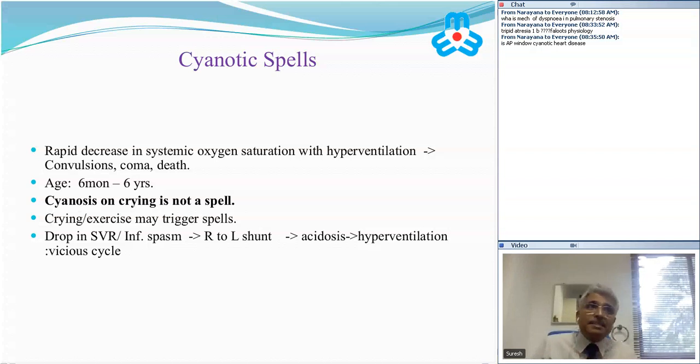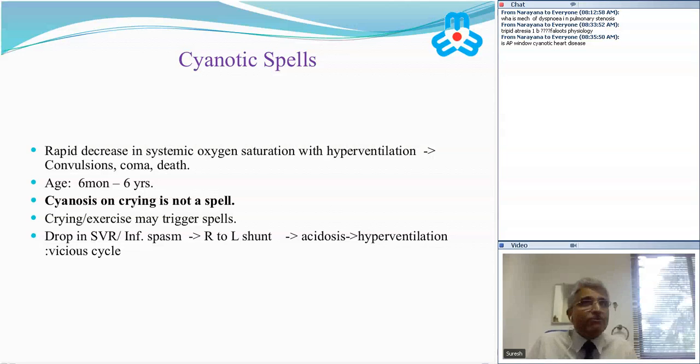It's classically seen from 6 months to 6 years. Remember, when a baby has cyanosis on crying, it is not a spell. Every baby with some cyanosis will worsen if the baby cries. This doesn't have the implication of a cyanotic spell, even though the crying can actually trigger a spell.